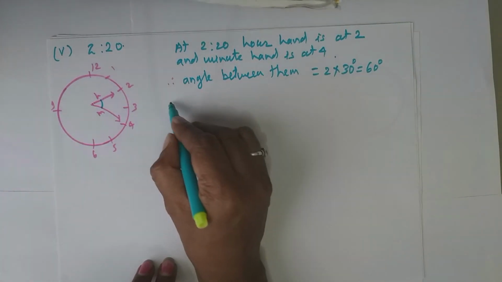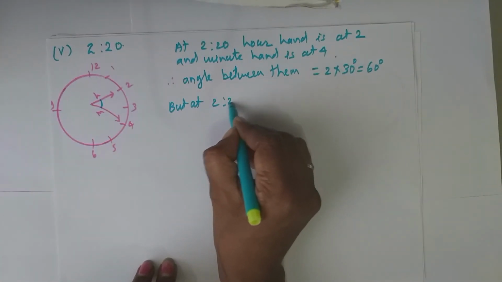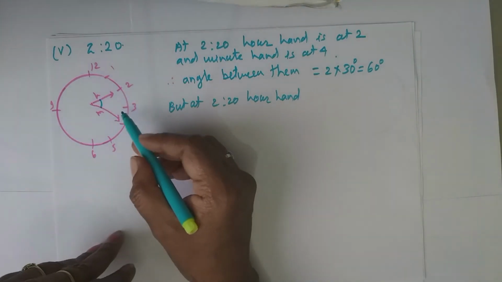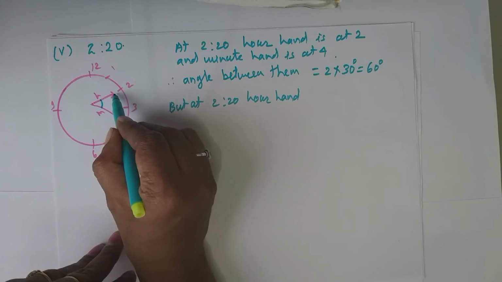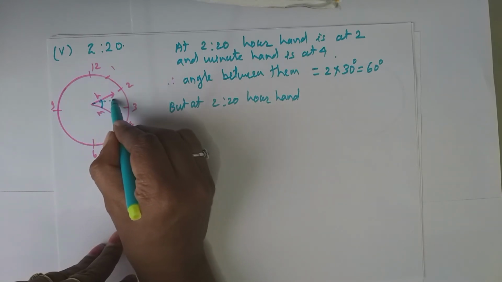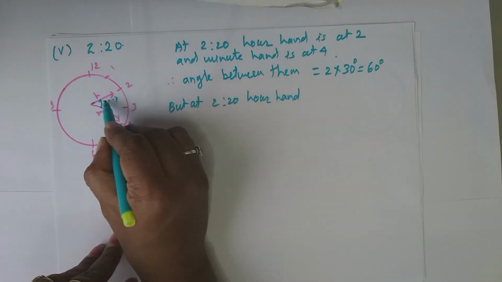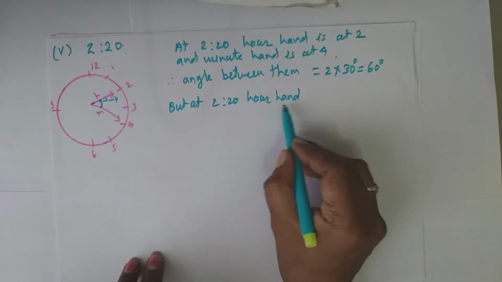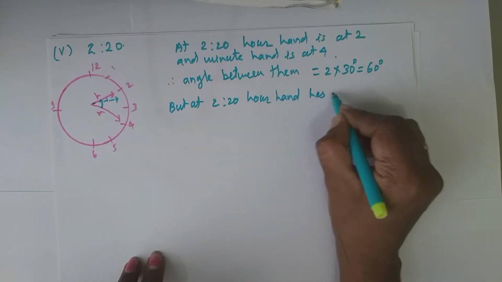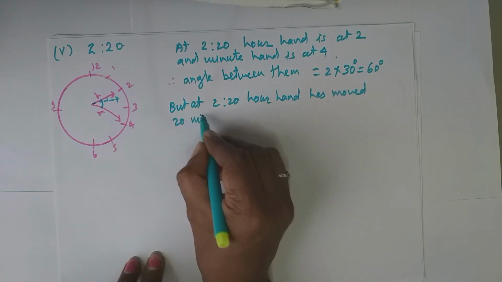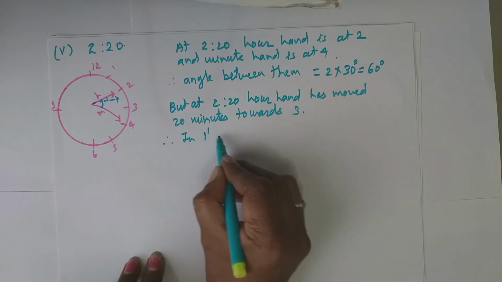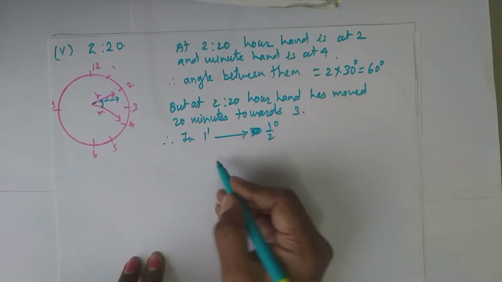But we know that at 2:20 the hour hand has moved towards 3. It is not exactly at 2, it has moved towards 3, so I have to account for this angle also. At 2:20 the hour hand has moved 20 minutes towards 3. In 1 minute the hour hand moves half a degree.